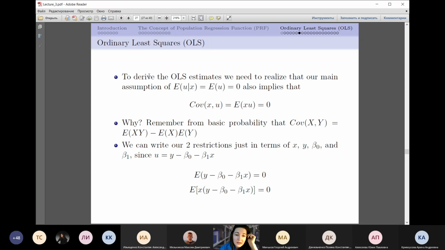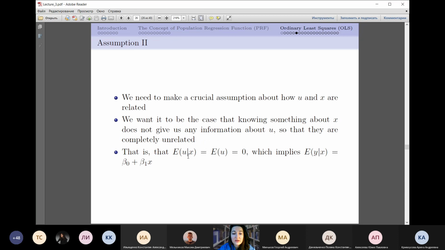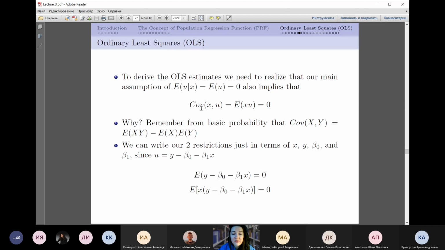And in other words, the same assumption about the unrelatedness of our error term and our independent variables, we can rewrite in terms of covariance. What does it mean?